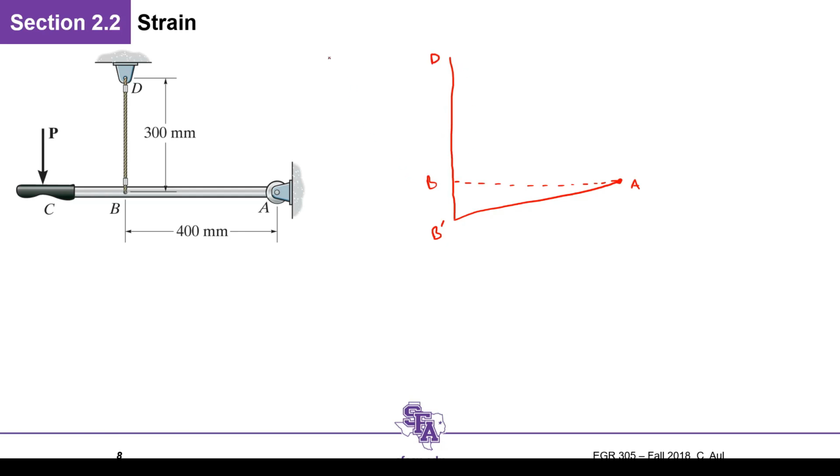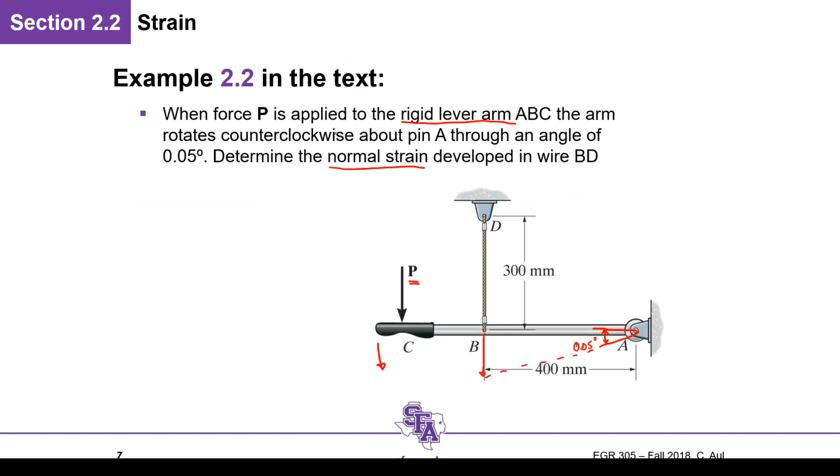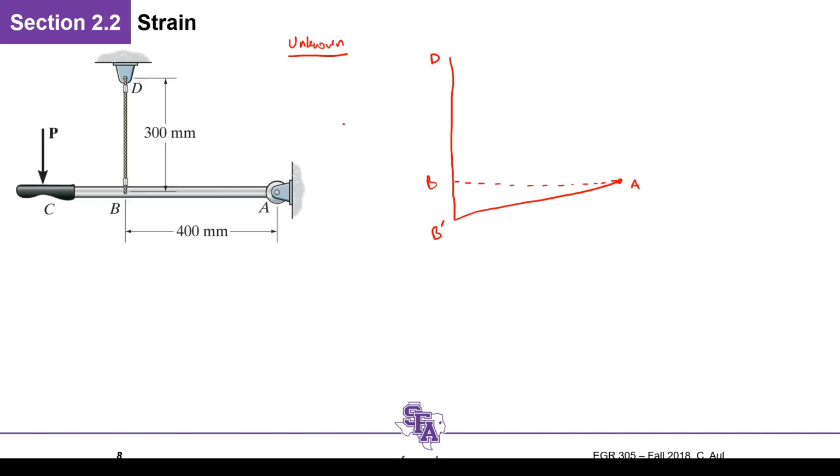So the unknown quantity here, let's go back to this previous slide, is it's determining the normal strain, right? So we're trying to find epsilon BD, which should be equal to LBD prime minus LBD over LBD, right?